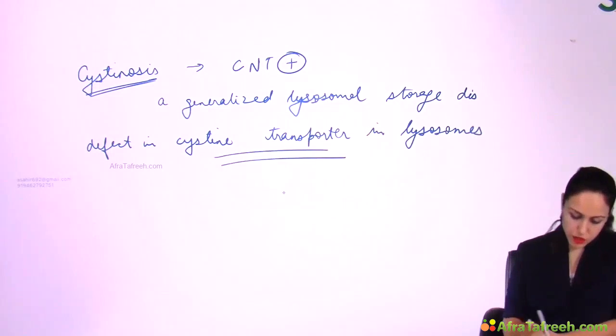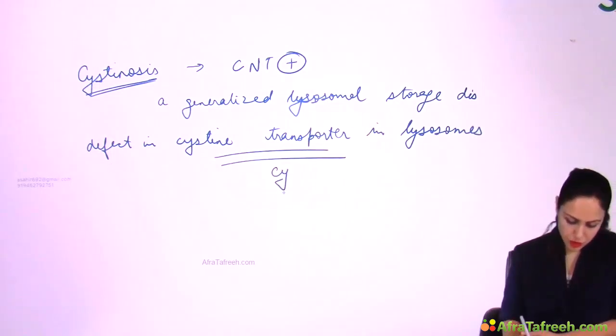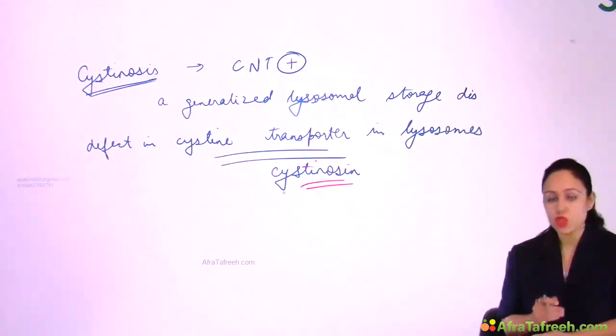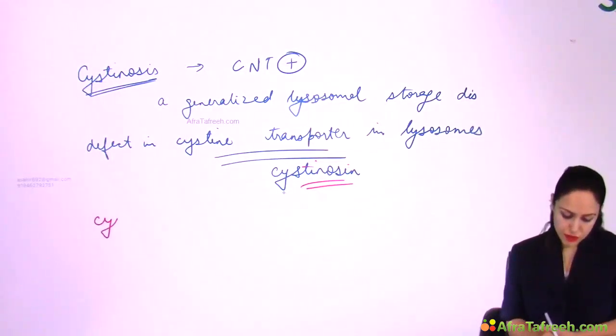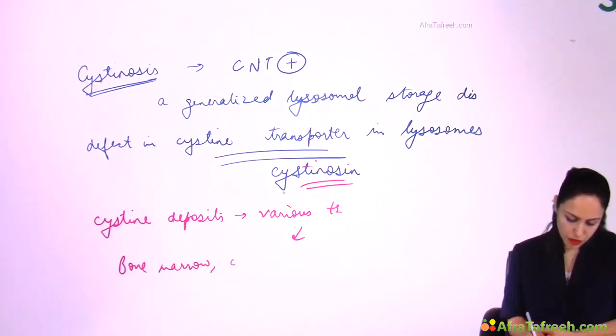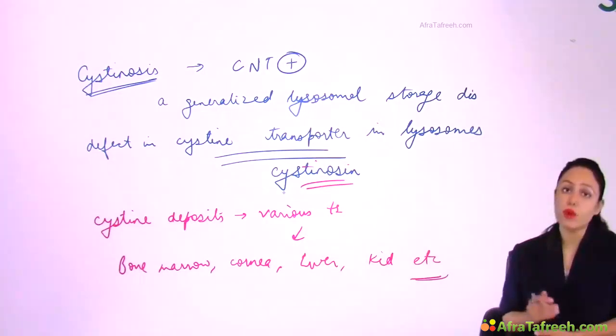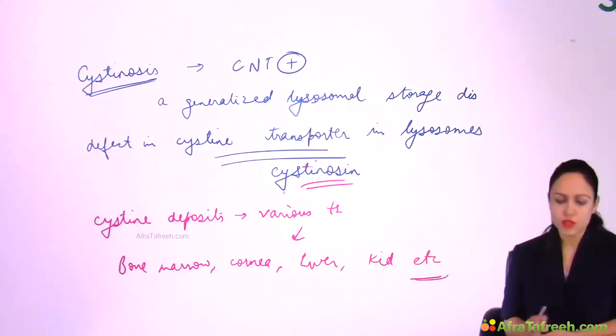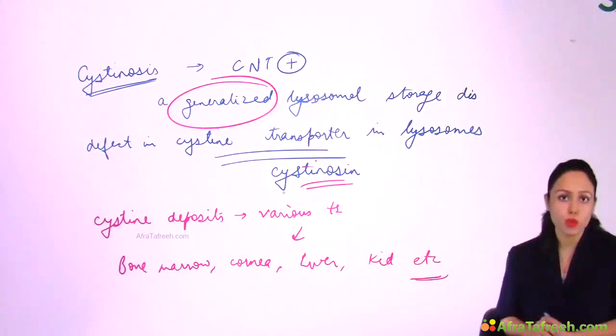The transporter which is defective is known as cystinosin, and because of this, cystine deposition occurs in various tissues. The tissues of the body which are affected here are bone marrow, cornea, liver, kidneys, etc. Many organs are affected here because, as I told you, it is a generalized lysosomal storage disease.